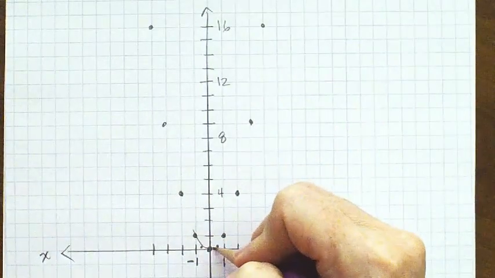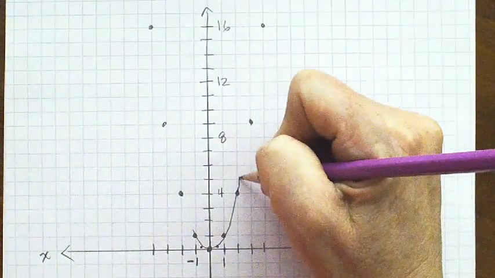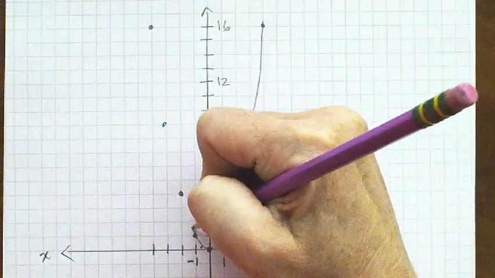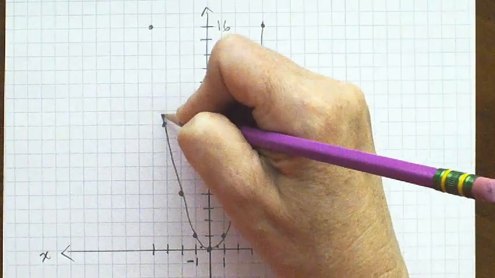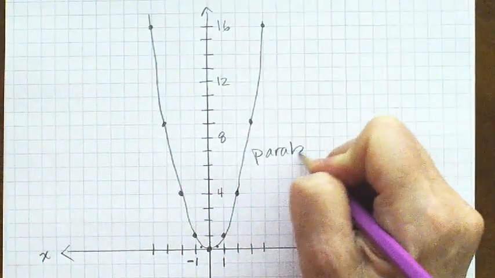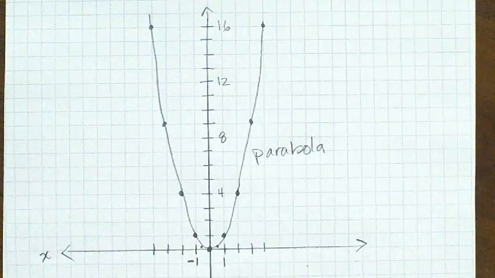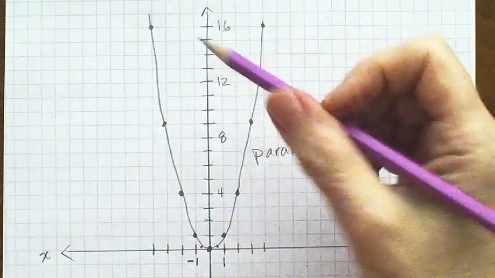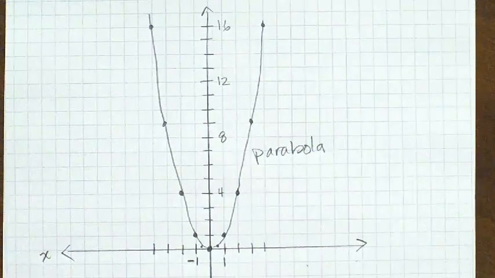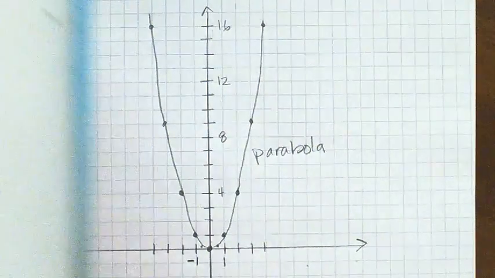Okay, this U shape is called a parabola, and it is symmetric, and the line of symmetry is the x-axis. And it even has this in the book.